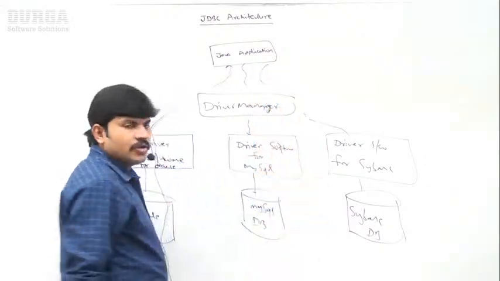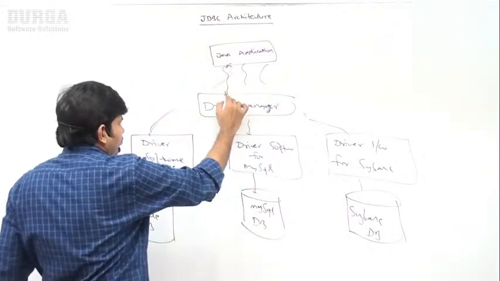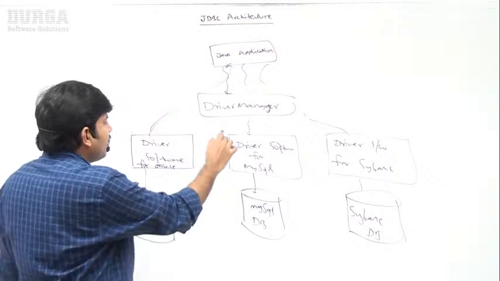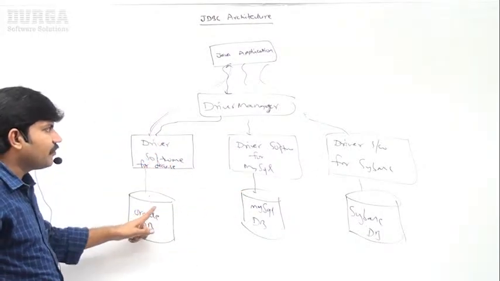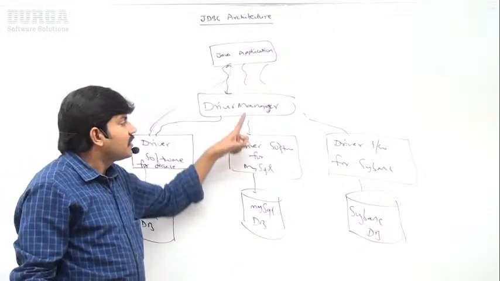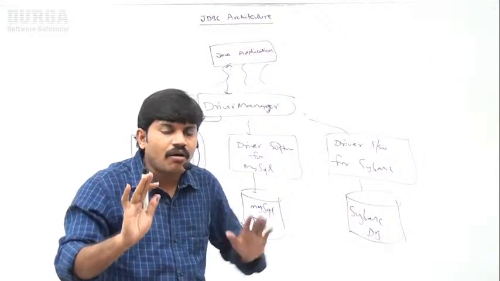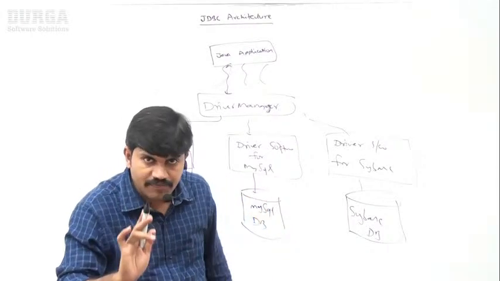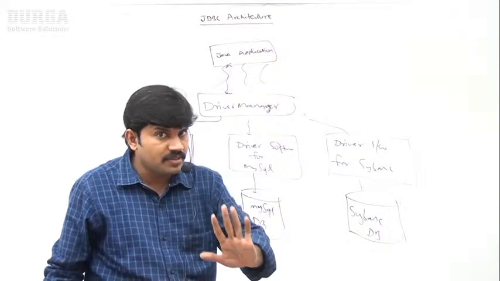Remember this. The Java application can communicate with the driver manager, the driver manager can communicate with the driver software, and this driver software can communicate with the database. The driver manager is responsible to manage all database drivers, right? Clear for all of it? So the driver manager is responsible to manage all database drivers.